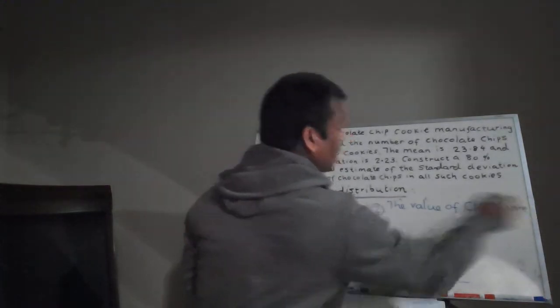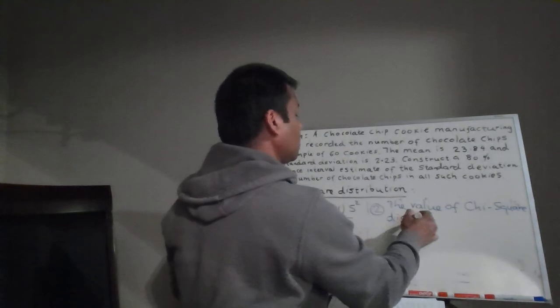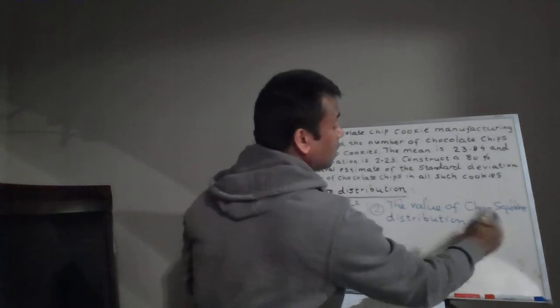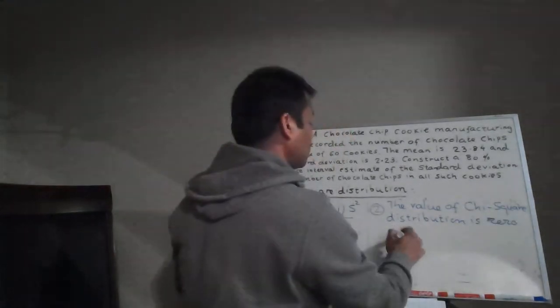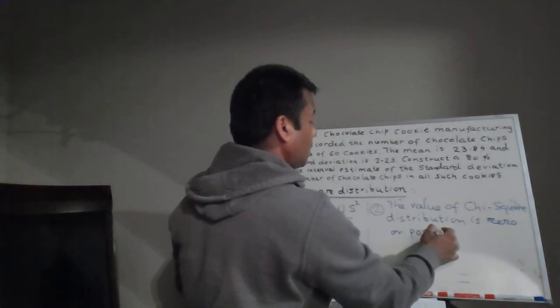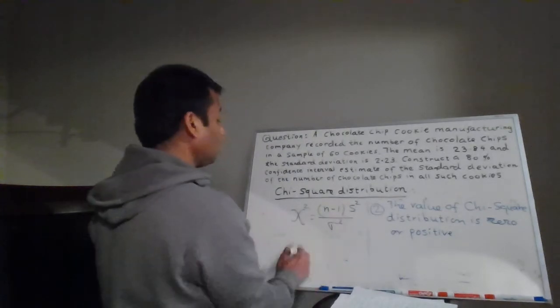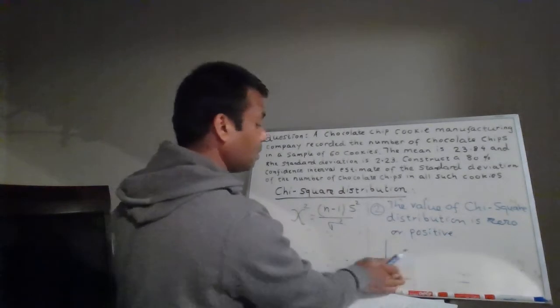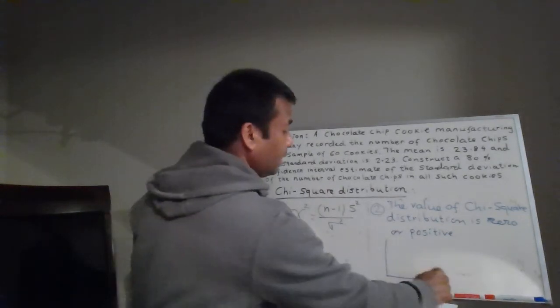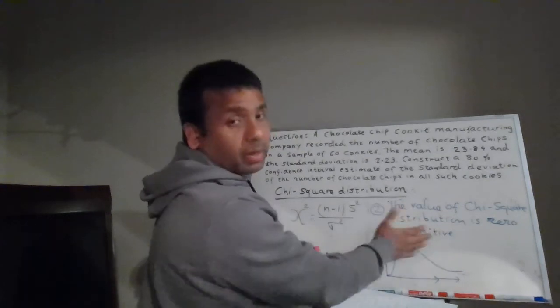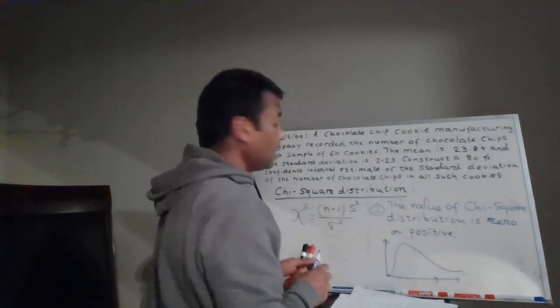You see the density curve for the chi-square distribution always lies in the first quadrant, something like that, so it cannot be negative.